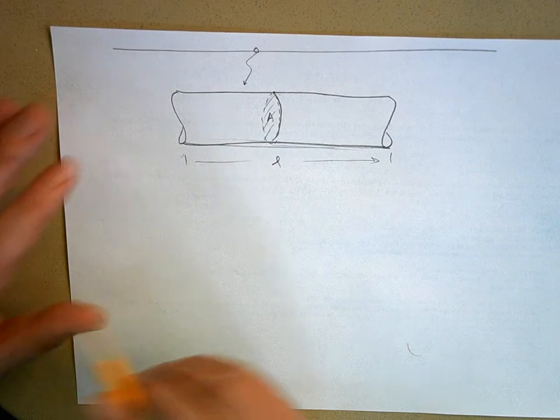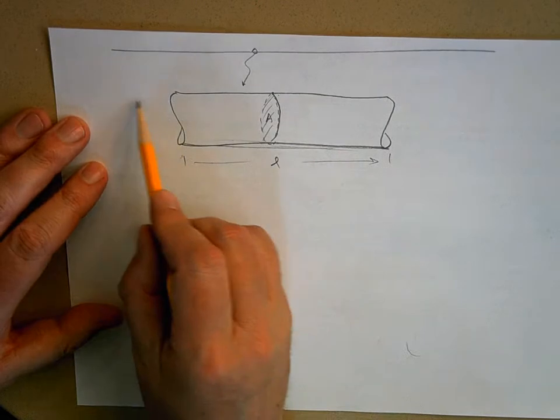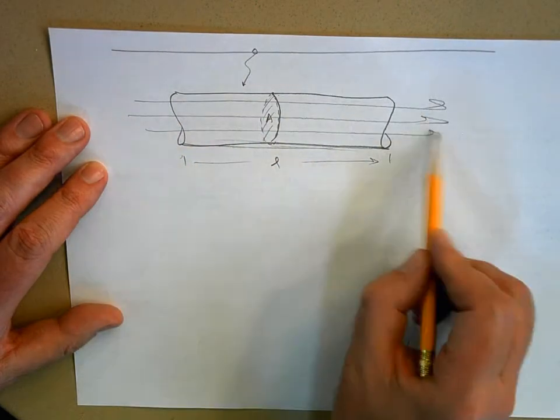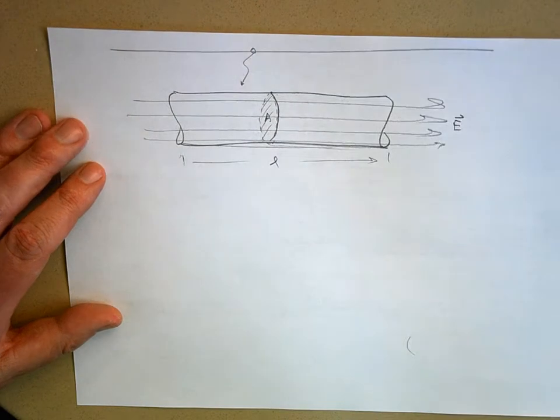Now what happens when somebody turns on a switch, like a flashlight, or I connect the battery to the loop? It establishes an electric field in the metal. So here's my electric field. What do electric fields do?